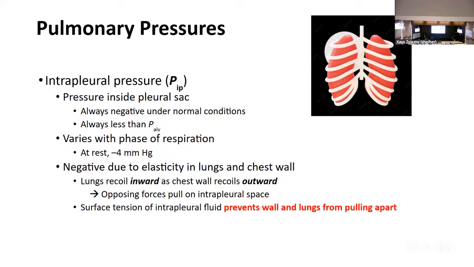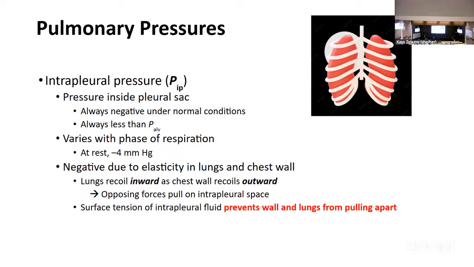Okay? And the reason we have a negative pressure here is we've got some elasticity to the lungs and the chest wall, right? So the reason we need to stick them together with this slight amount of intrapleural fluid is that the chest wall naturally wants to expand out a little bit, but the lungs want to shrivel up, right?